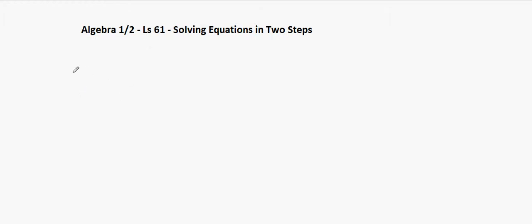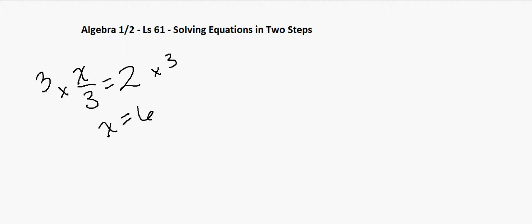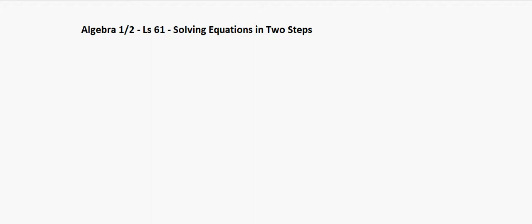We know in one step that x over 3 equals 2 is solved by multiplying both sides by 3 to find out that x is 6, right? So let's try making that a second step now. What if we have 3x and there's a 2 on there equaling, let's say, 7?